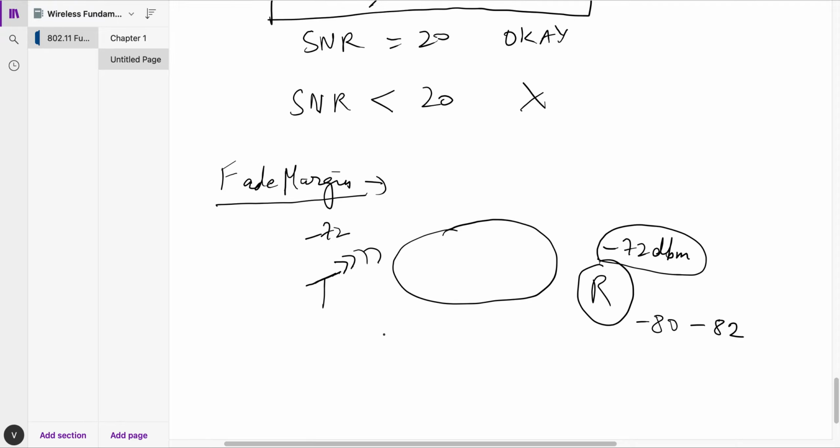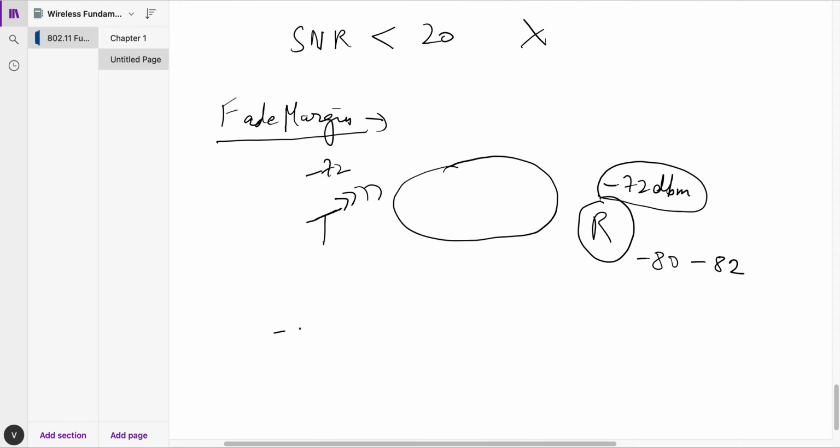So we have to put some extra cushion at the transmitter end so that we are able to receive the signal at the receiver, which is more than the receive sensitivity of the receiver.